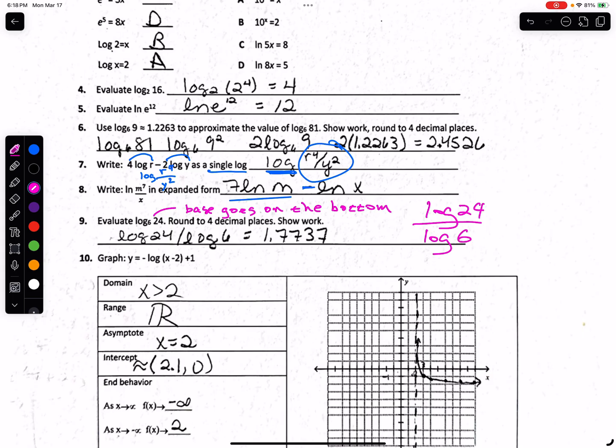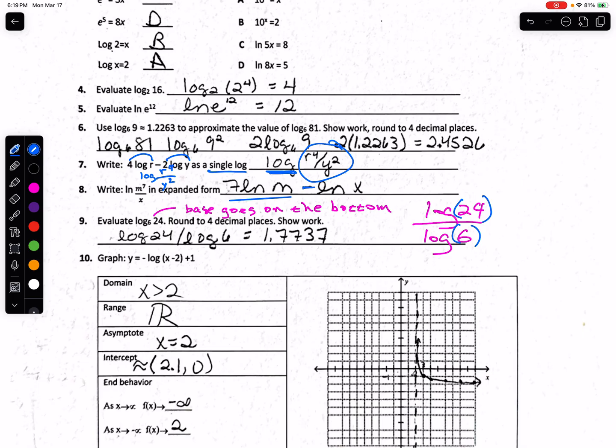Now your calculator gives you the beginning parenthesis in between the log and 24. You just got to make sure to close it. And then I just plug that in and make sure you get 1.7737 around it. So log 24 over, close that parenthesis, over log 6. 1.7737? Yep, good.